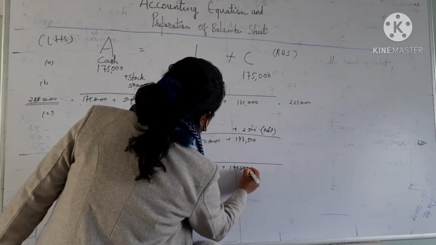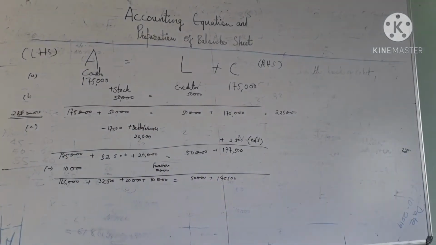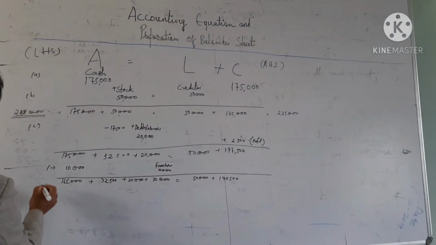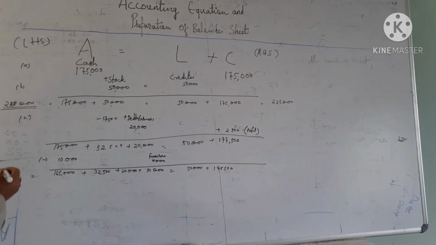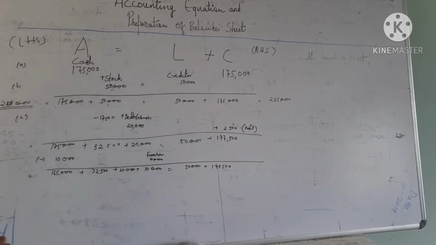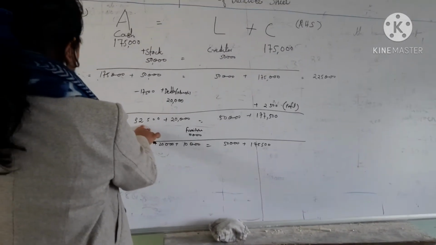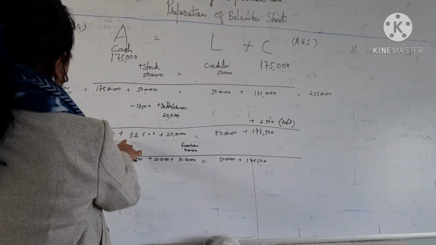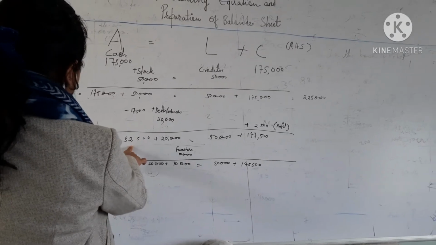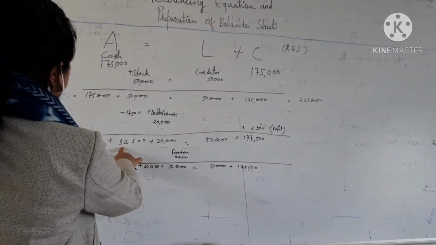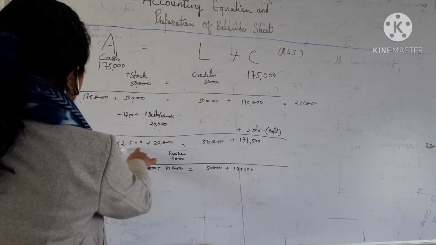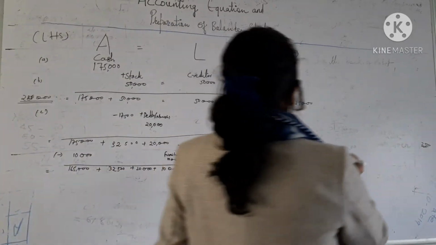Now creditors same, capital also same. What is the total of these two things? Both the sides this total should be equal. Is it equal? Here also we have to do the total. What is the total? 1,75,000. Here how much will it be? 1,75,000 then 20,000. This is 52,500, isn't it?